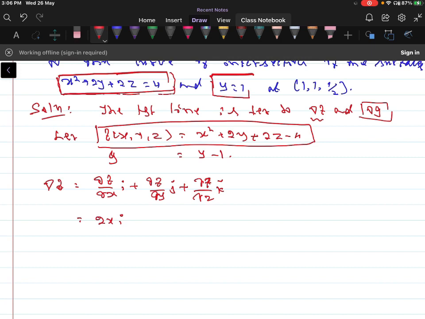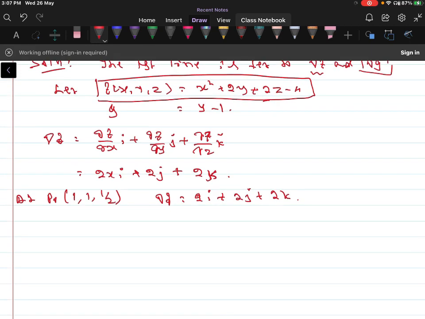When you differentiate partially with respect to y, we have 2 into j cap plus, differentiating with respect to z, we get dou f by dou z, so that is 2 into k cap. So at the point p naught, that is equal to (1, 1, 1/2), gradient of f is equal to 2 into 1, 2 i cap plus 2j plus 2 into k cap.